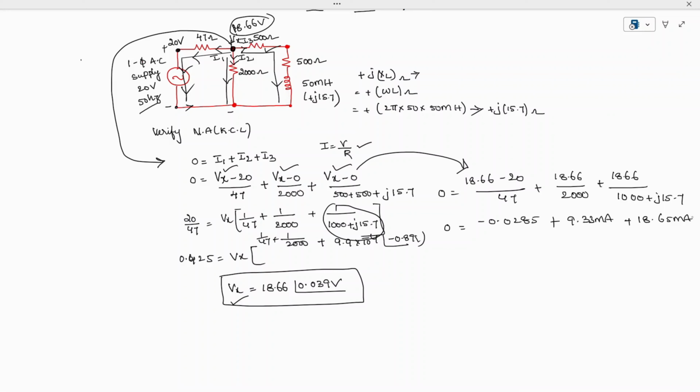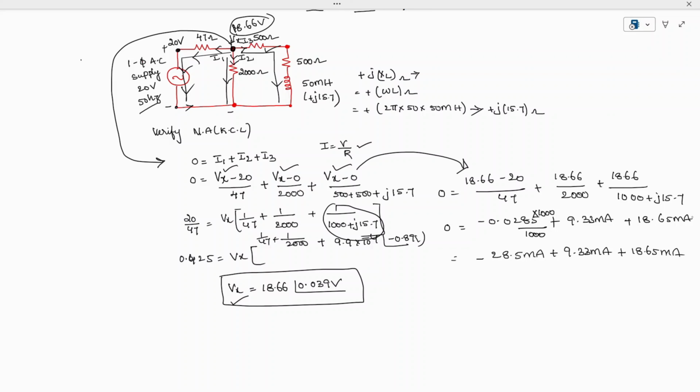Just multiply this value with 1000 and divide with 1000. This 1000 will come up, which will be in milliamperes, which is nothing but minus 28.5 milliampere plus 9.33 milliampere plus 18.65 milliampere.